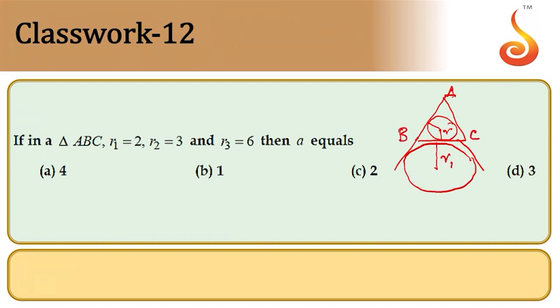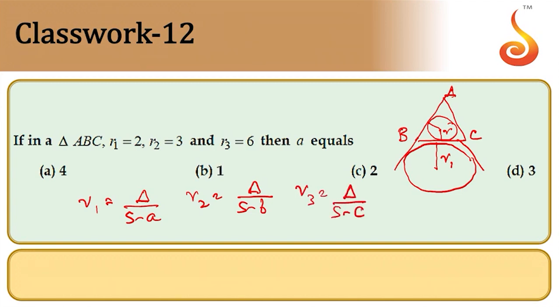Similarly, opposite to B is r2, opposite to C is r3. So direct formula application. r1 is equal to delta by (s minus a), r2 is equal to delta by (s minus b), and r3 is equal to delta by (s minus c).